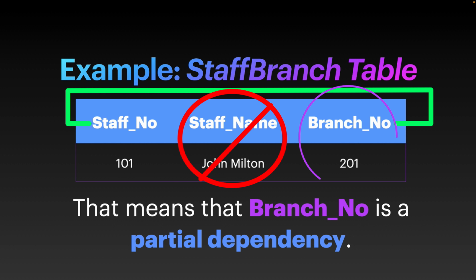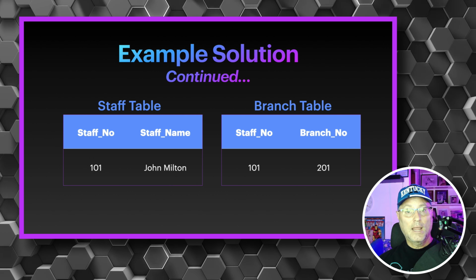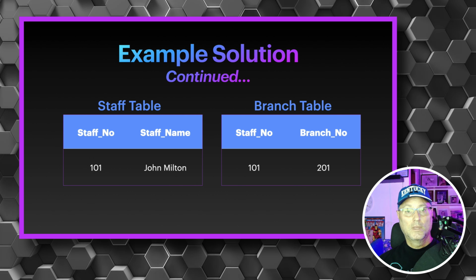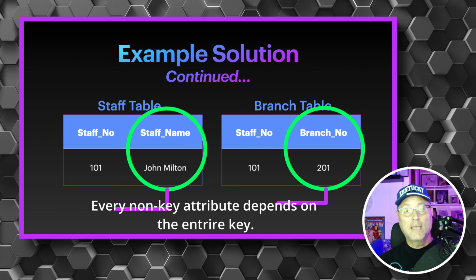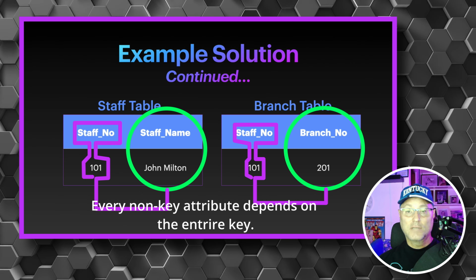That means that branch number is a partial dependency. The solution is to split the table. So we would take the staff table and have a staff number and a staff name column, and we would have a branch table with a staff number and a branch number column. Now, every non-key attribute depends on the entire key.